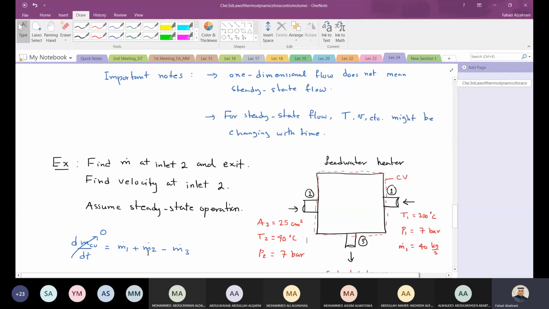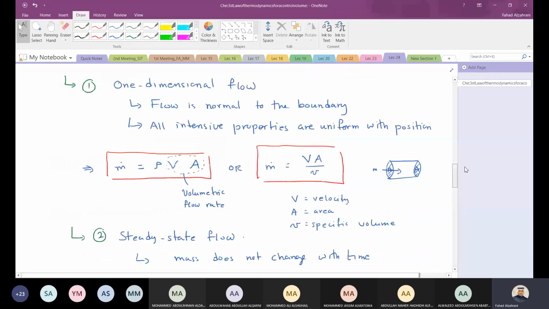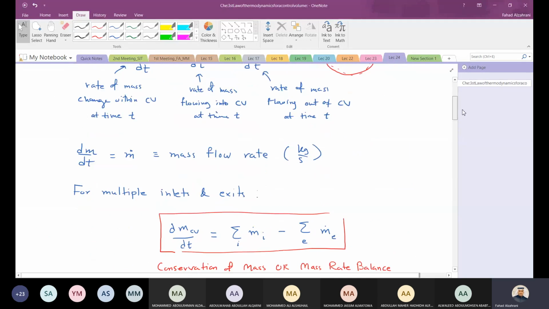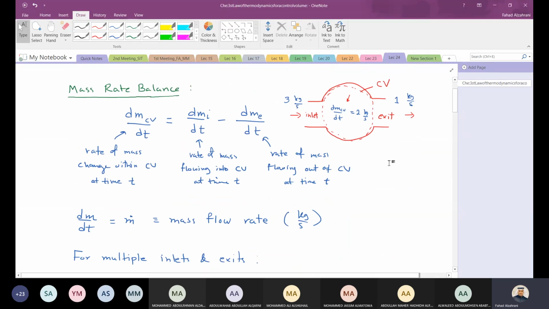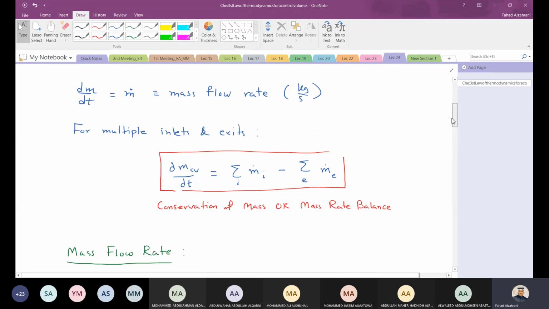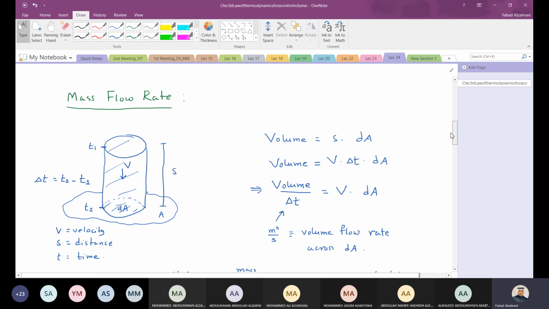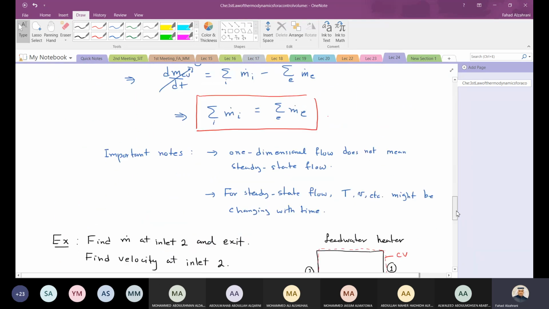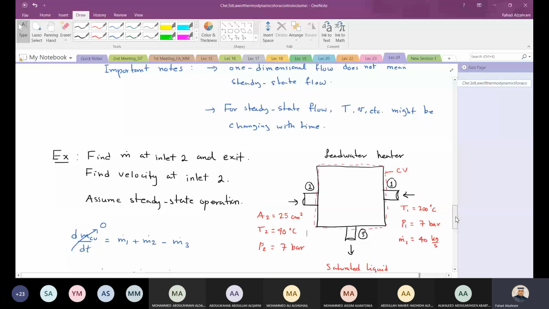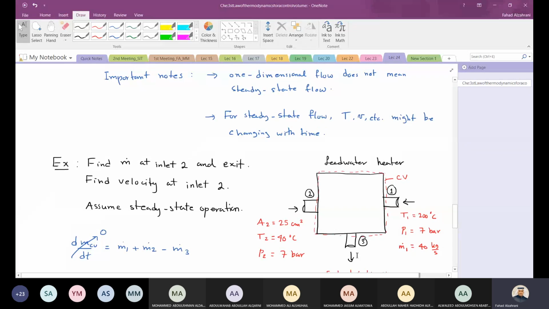I have M1 and M2 as inlets, so it's M dot 1 plus M dot 2 minus M dot 3. The symbol for the mass flow rate is M dot, which is the same as dm by dt.